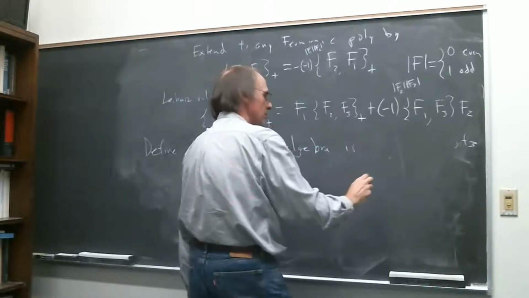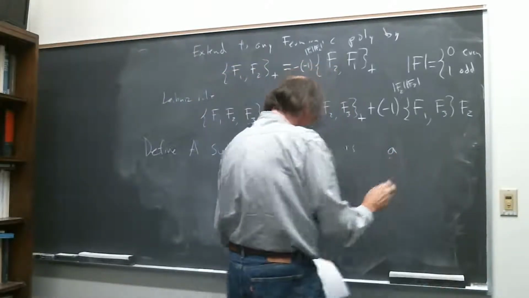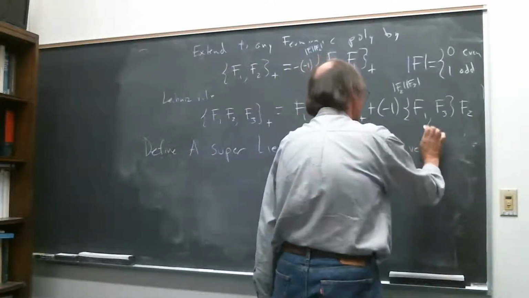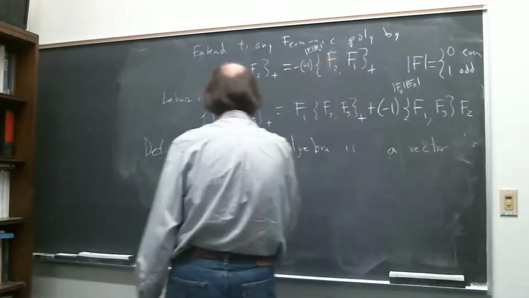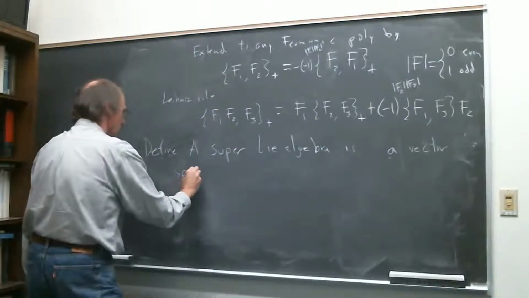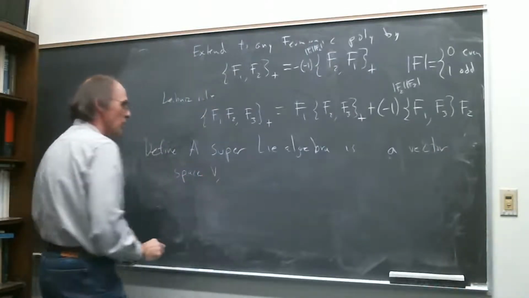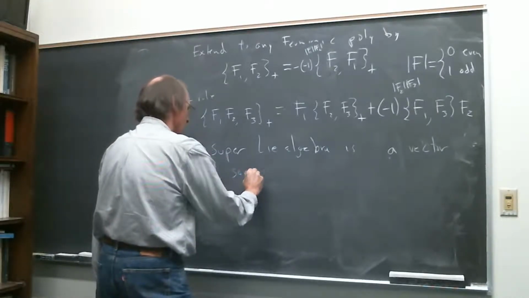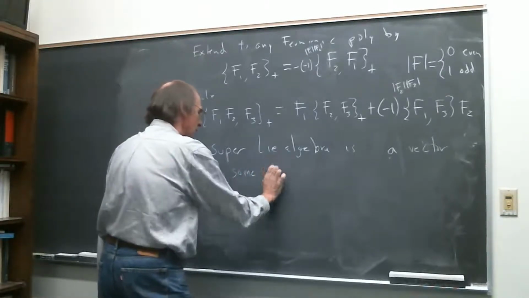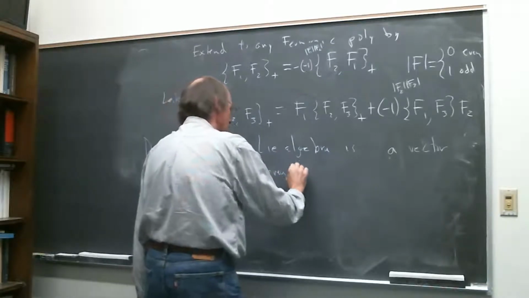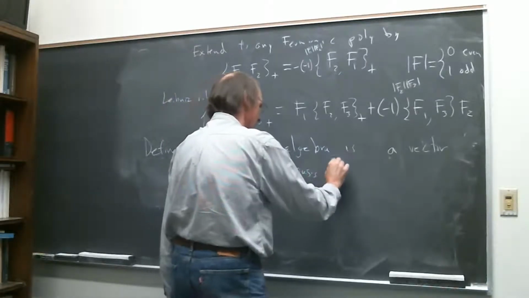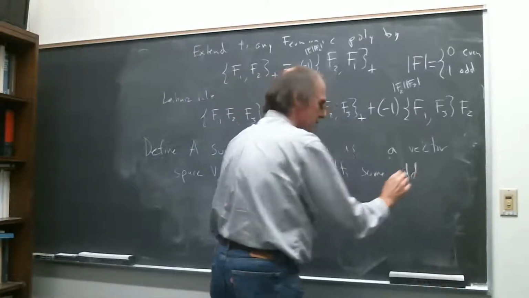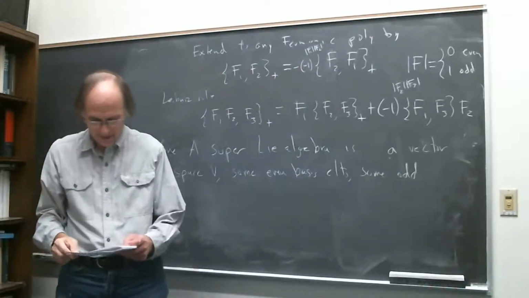It is a vector space V with some even basis elements, some odd. I'm not saying this very well. Let me see how this works out.